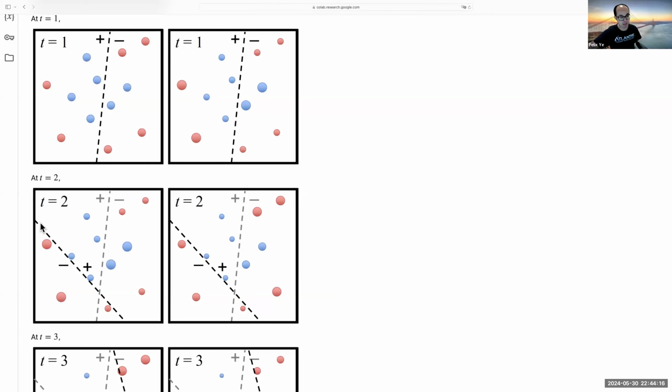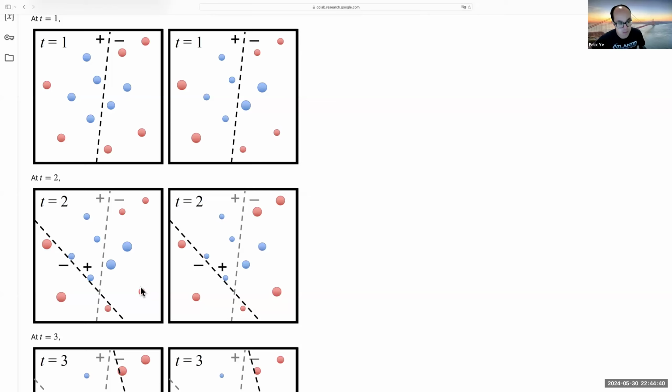This time, we are drawing the line right here, and everything here will be predicted as blue, and everything here will be predicted as red. We can see all these three points give the correct predictions, and all these blue points give correct predictions.